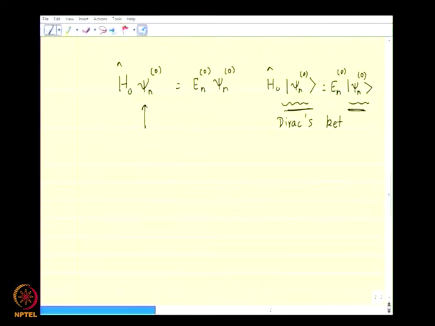The wave functions or the eigenfunctions of the Hamiltonian H naught satisfy orthogonality properties and are also assumed to be normalized.